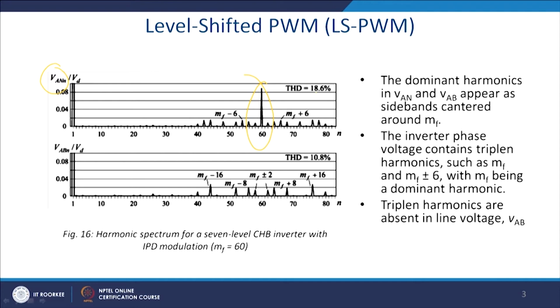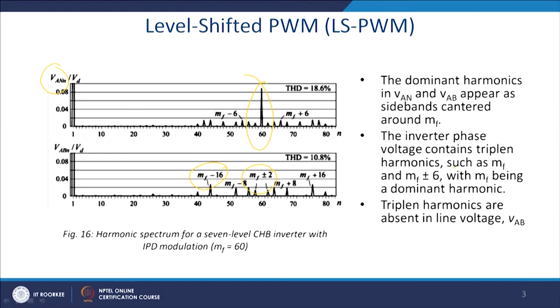And in this case, you will find that the harmonics are clustered around here, here, here. We have chosen the value of mf in this case as 60. For example, if you are operating at a 50 hertz normal power supply frequency, 60 times that is 3 kilohertz, which is your switching frequency.